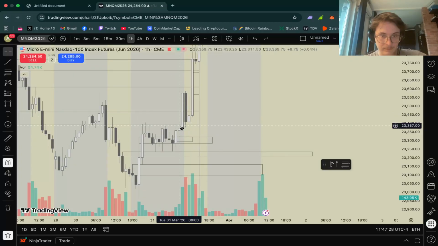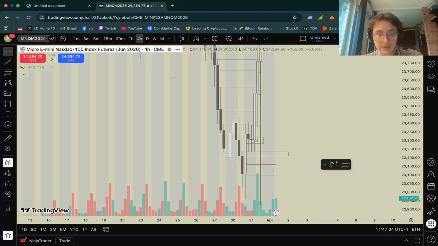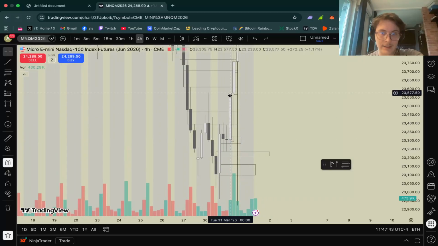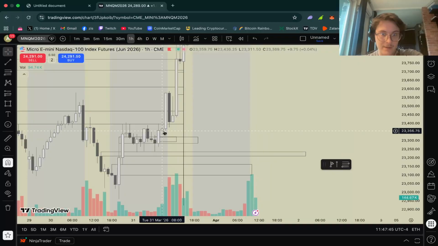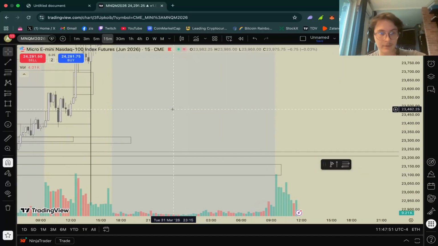I was like, we don't know, because 10 o'clock is when it closes the 4 hours. So we don't know if this is gonna close. And as you can tell, we did close a lot higher, but until it happened, no reason to think otherwise, right?